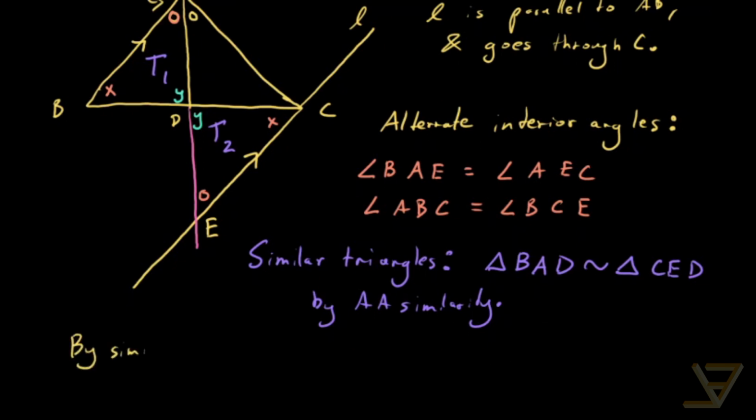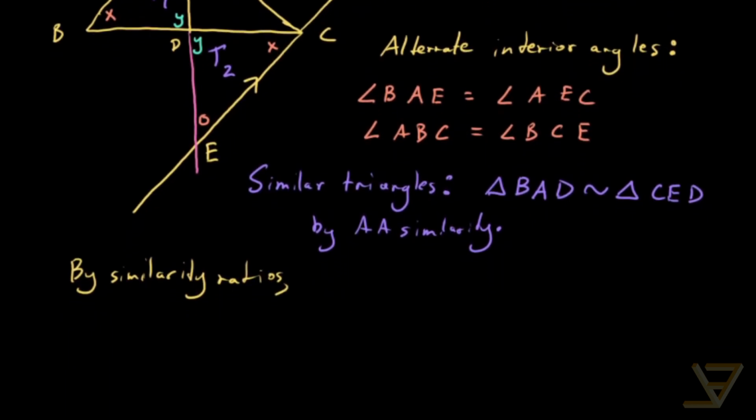By similarity ratios, we get that BA over CE is equal to BD over CD, and that is equal to AD over ED.